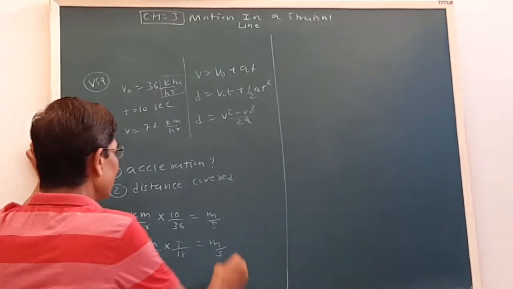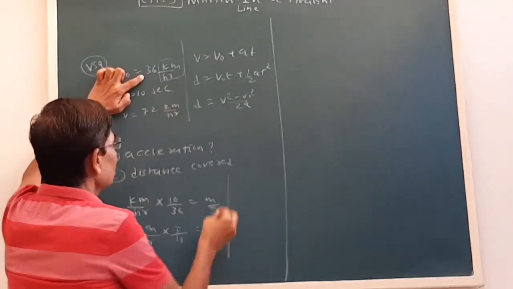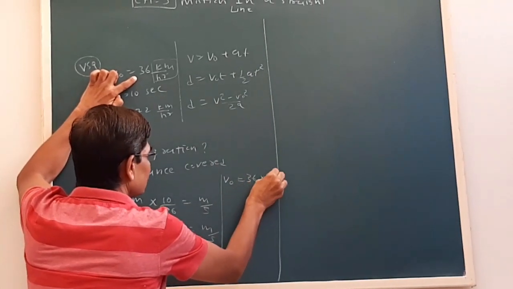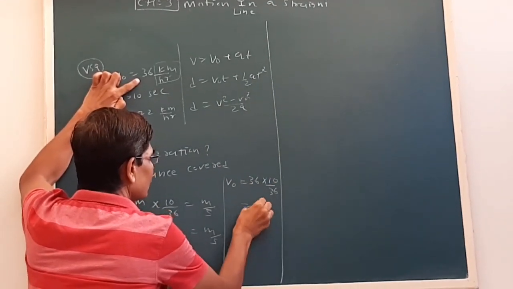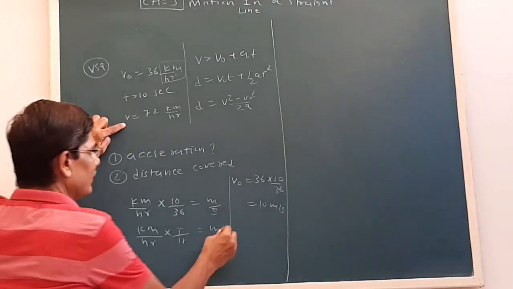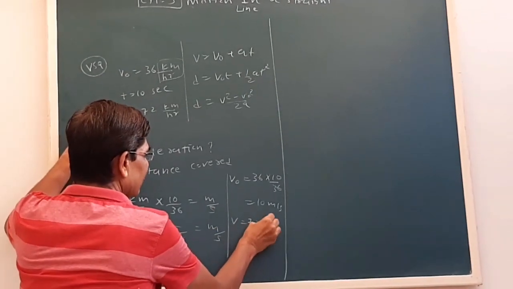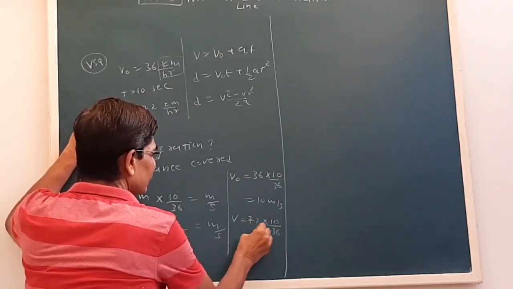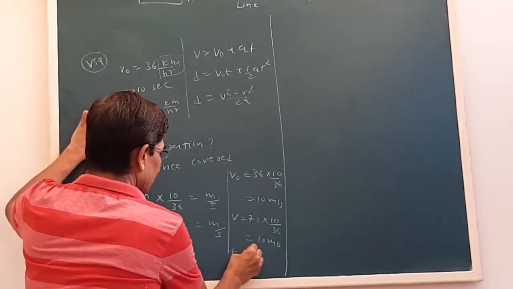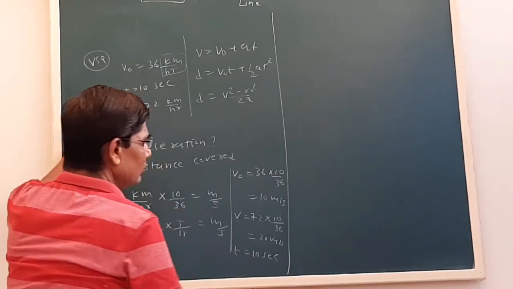Here, the initial velocity v0 is 36 into 10 upon 36, that is 10 meter per second. The final velocity is 72 into 10 upon 36, that is 20 meter per second, and the time is 10 seconds.